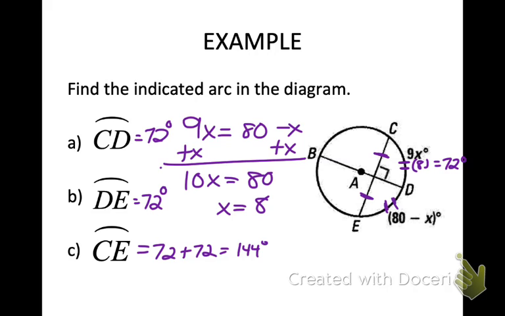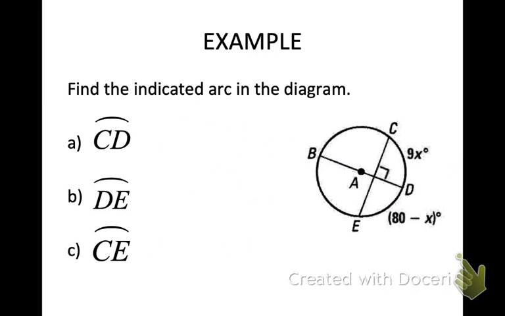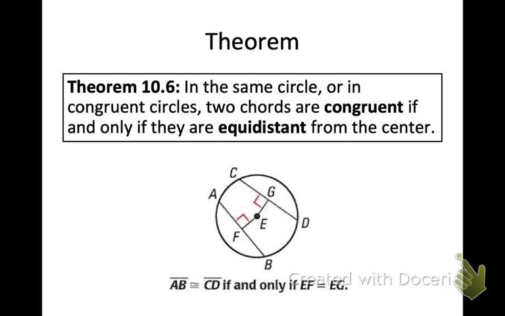All right, and then the last theorem for this section, Theorem 10.6, says in the same circle or in congruent circles, two chords will be congruent if and only if they are equidistant. Remember, that's just a fancy word for equal distance. If they're equidistant from the center. So over here in our diagram, we have chord CD, chord AB.